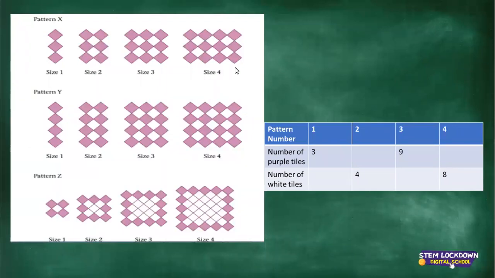What is another way of getting to our number of purple tiles besides adding 3? Yes, we noticed that you add 3, but what is another rule that we can use?